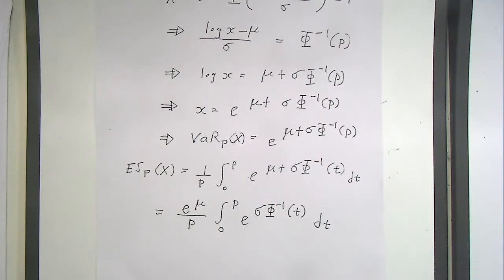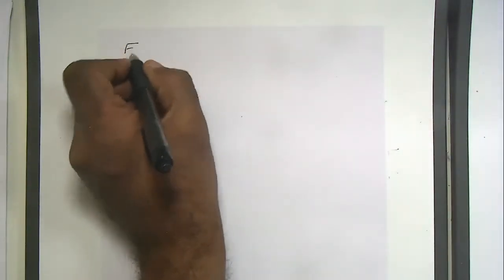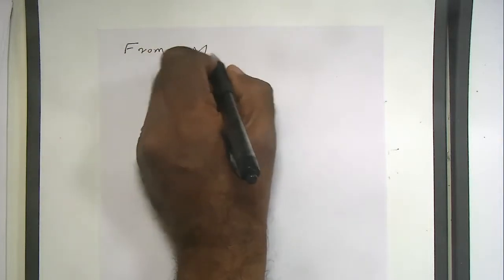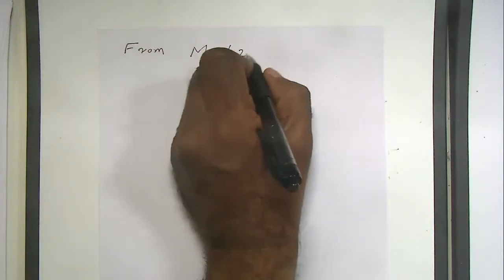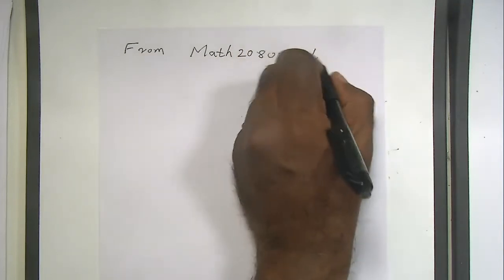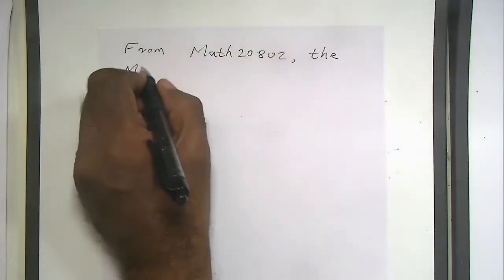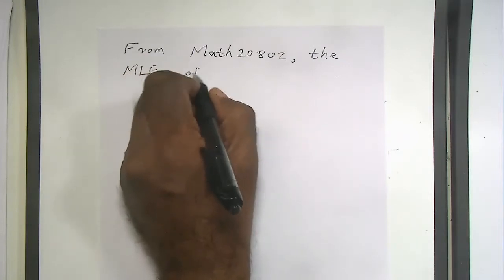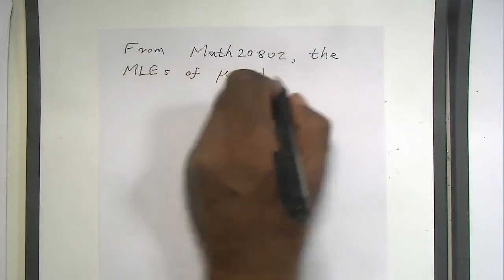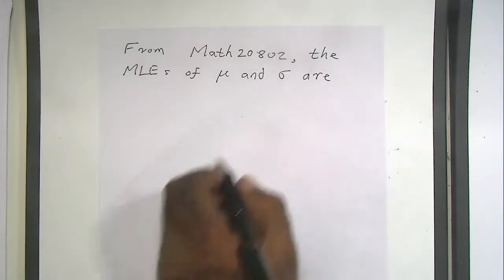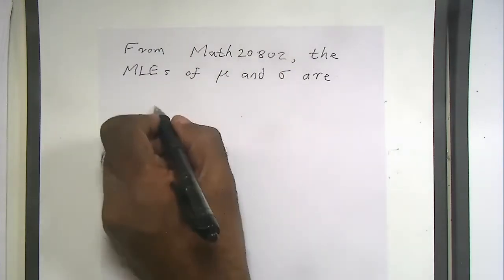Now to find the estimates, you need to first find the ML estimates for mu and sigma. Once again, if you've done math 20802, so just mention from math 20802, the ML estimates for mu and sigma are as follows.